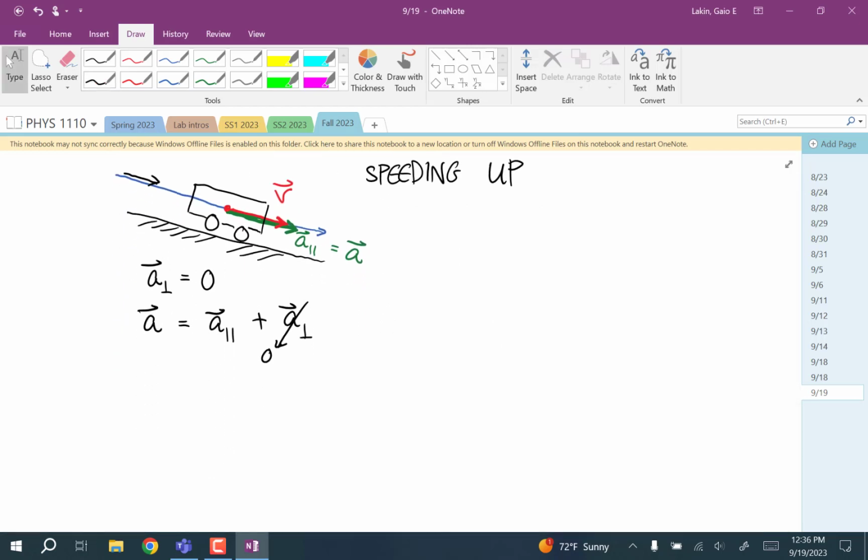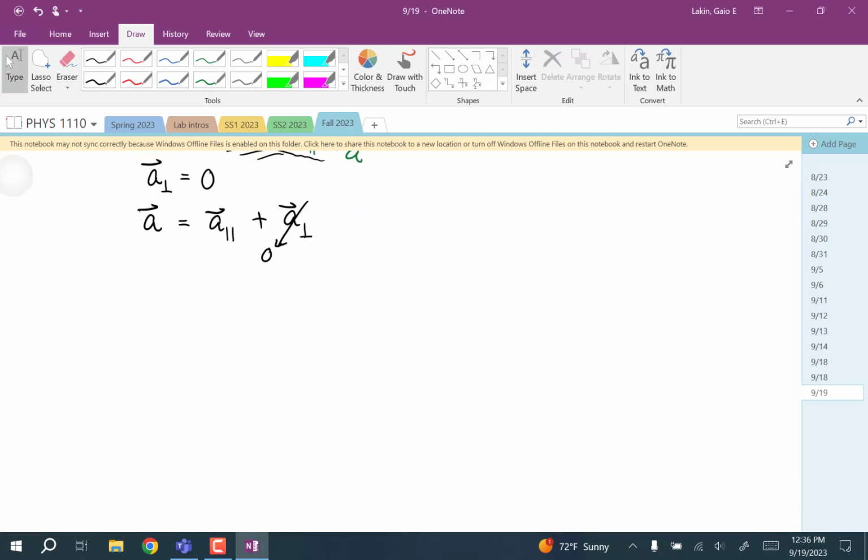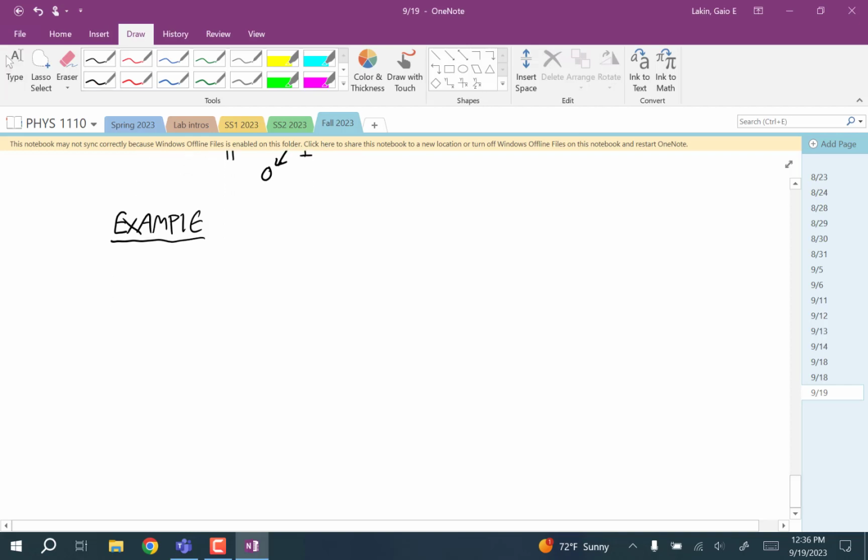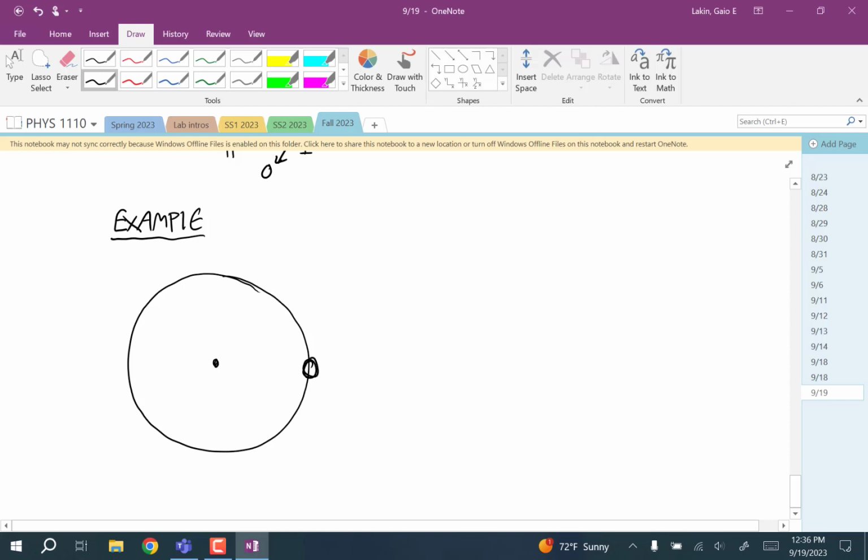Okay, so now let's do one where the speed is constant, but the object's turning. So let's say an object's moving around this circular path. There's the object.